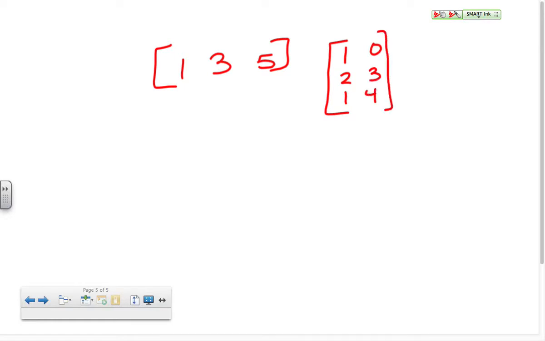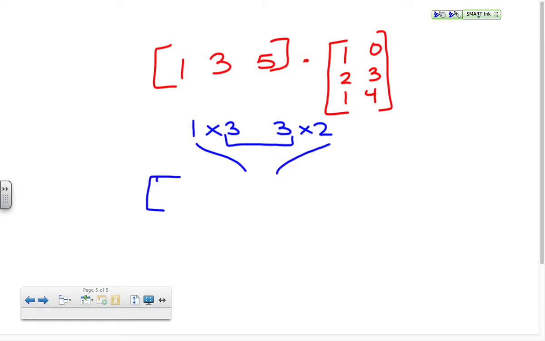We'll multiply them together. First of all, let's double check that we can. Keep in mind this is a 1 by 3, and this is a 3 by 2. So my answer is going to be a 1 by 2. So I'm only going to have 1 row and 2 columns.